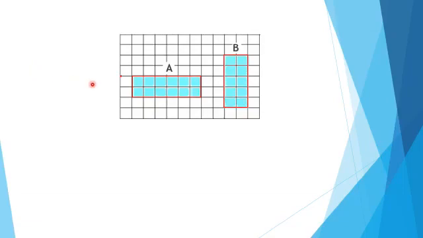Now coming back to find out the area of the shapes A and B by using square grids. Now look how many squares does each shape cover. Let's start counting the squares that shape A covers. 1, 2, 3, 4, 5, 6, 7, 8, 9, 10, 11, 12.